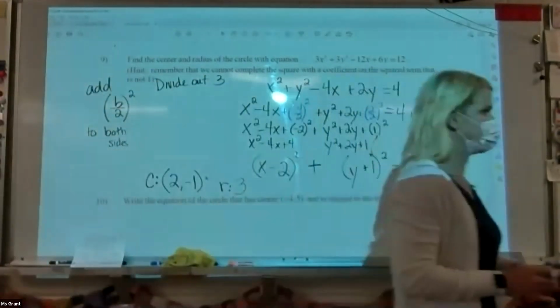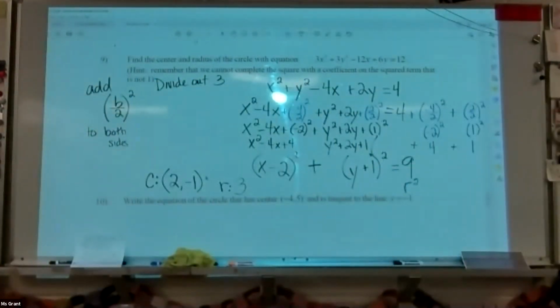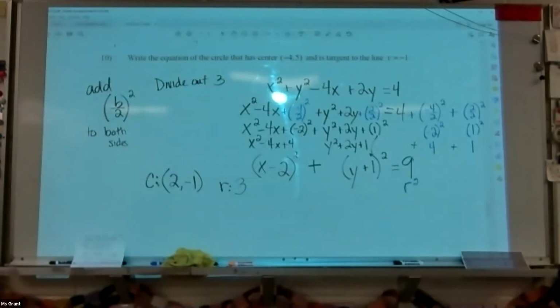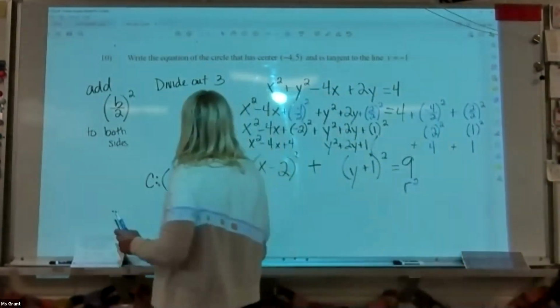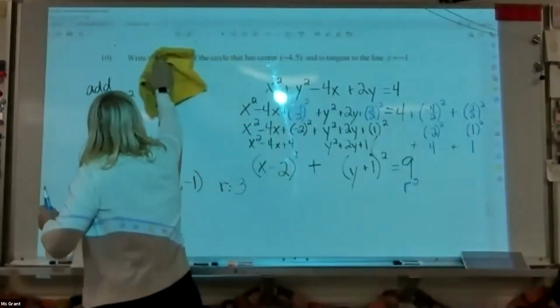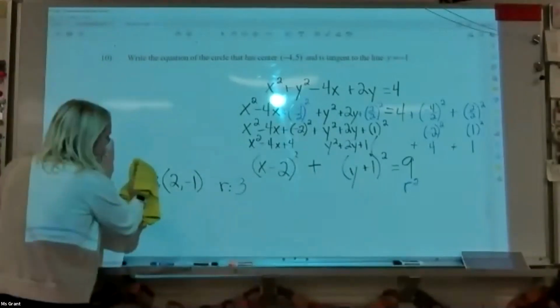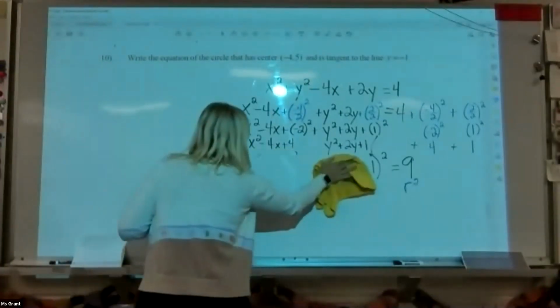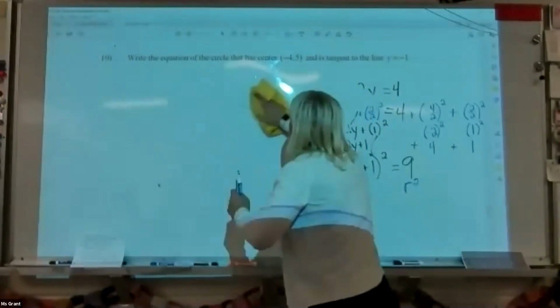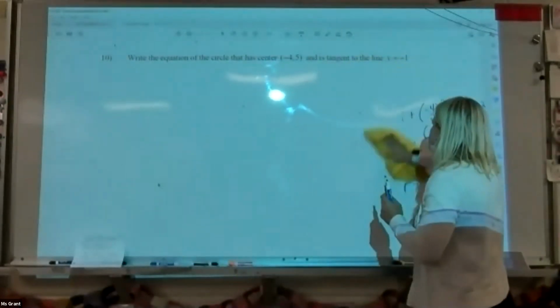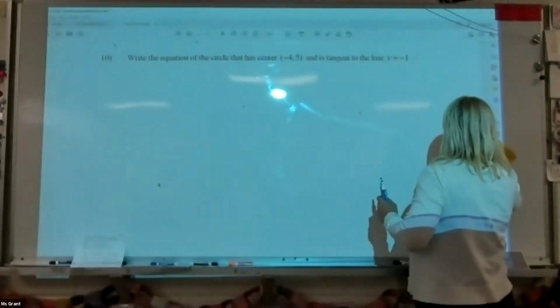Last question then. It's got a little bit of graphing to it. Write the equation of the line. I'm going to draw this picture. It has a center of negative 4, 5. And its tangent, remember, tangent lines are perpendicular to the radius. Tangent line, I'm going to draw it too. Tangent lines are perpendicular to the radius.